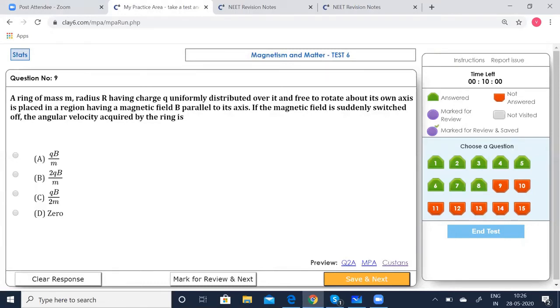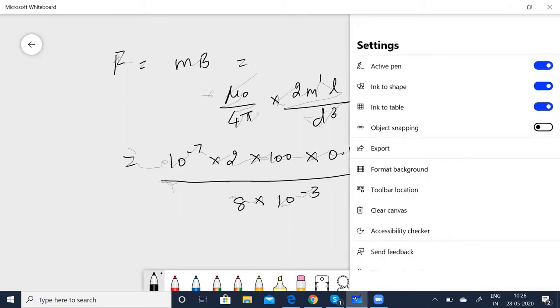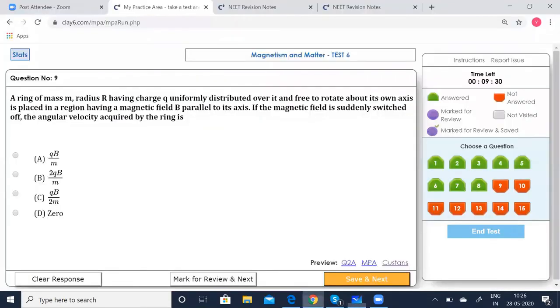A ring of mass m, radius r, having charge q uniformly distributed over it and free to rotate about its own axis, is placed in a region having a magnetic field B parallel to its axis. If the magnetic field is suddenly switched off, the angular velocity acquired by the ring is... The question seems to be a complex thing, but it's actually very easy.